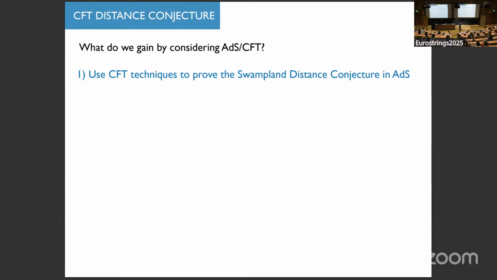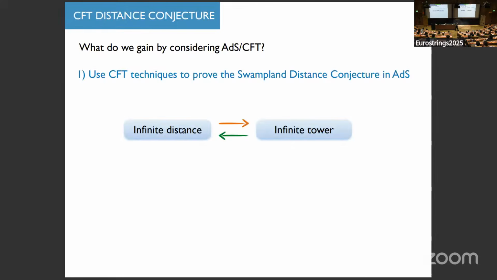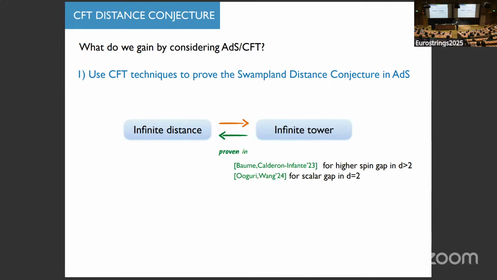For this, ideally, we would like to show a one-to-one correspondence between the infinite distance limits in the Zamolodchikov distance and the existence of this infinite tower of operators saturating the unitarity bound. Since we formulated this a few years ago, there have already been 2 papers proving one of these directions in complete generality, not based on examples, just using that the CFTs are local and unitary.